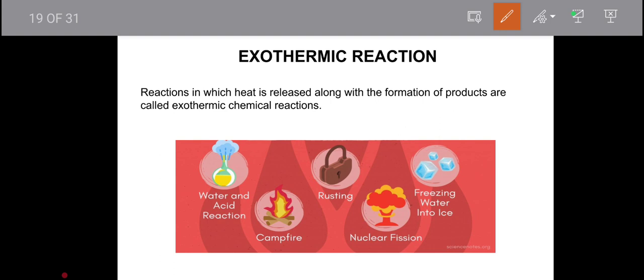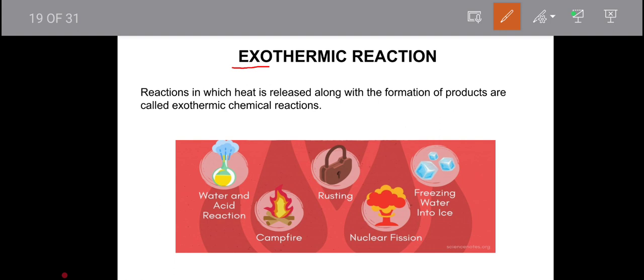So you just remember like this: exo is connected with exit. Exit means you have to leave, right? Likewise, exothermic means the heat will be released as a result of the reaction.